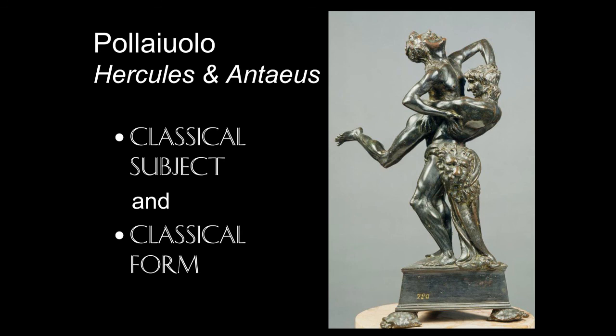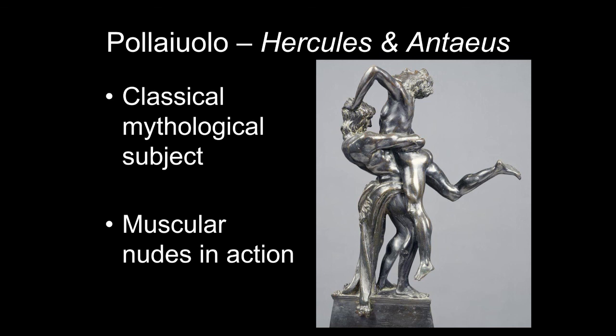But we can see classical subject and classical form combined in some later works of art by Pollaiolo. We think this is probably about the mid-1470s. And it's a statue of one of those subjects that he earlier showed in painting. It's Hercules and Antaeus.